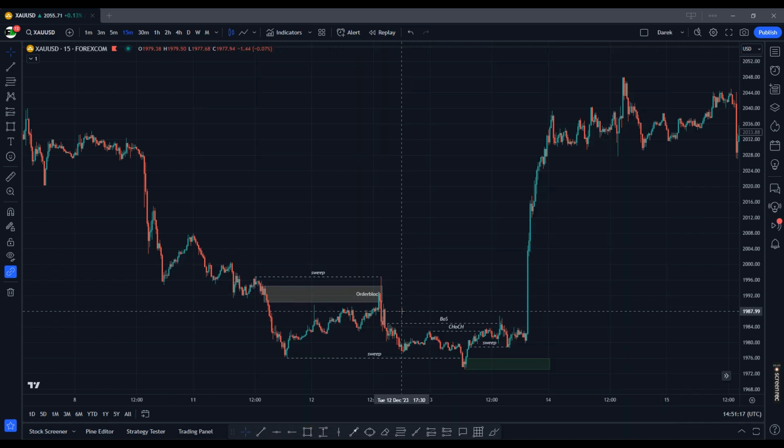And just like it happened here, we also broke this little point of structure here, which gives us more confluence. In a perfect world we'd want to enter at this fresh 15-minute demand zone, but as you see it doesn't happen here.